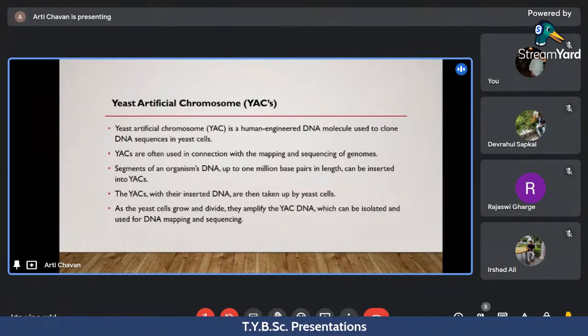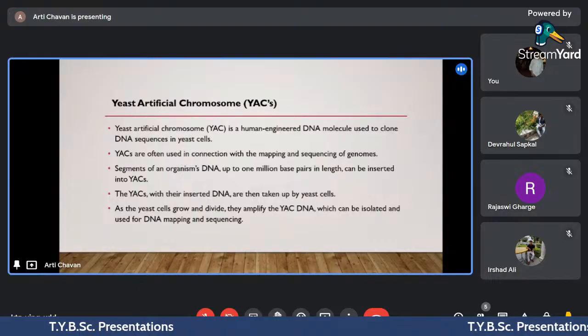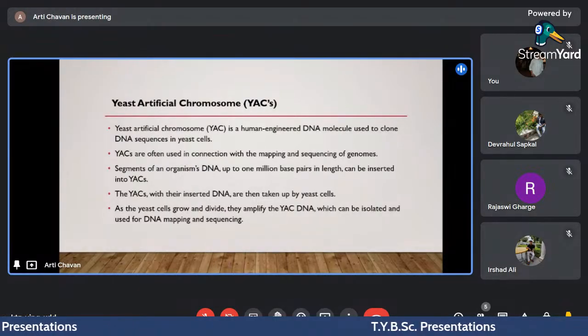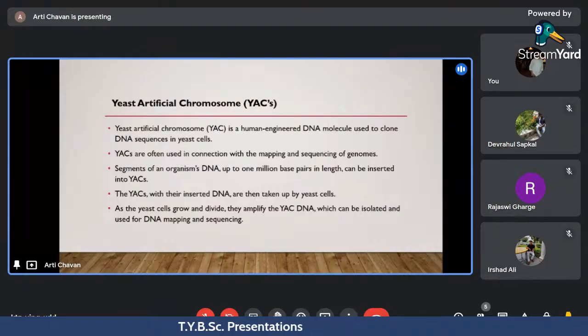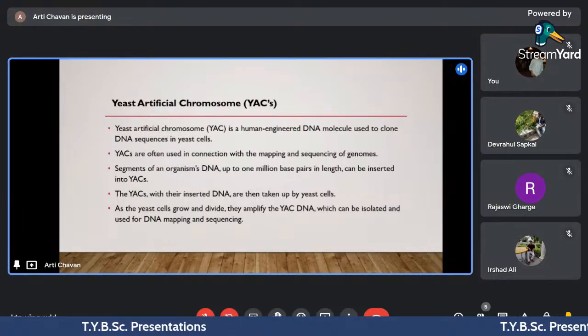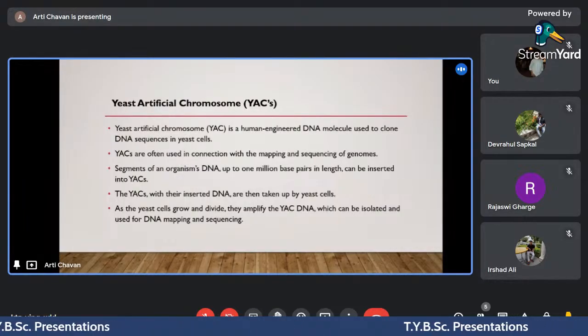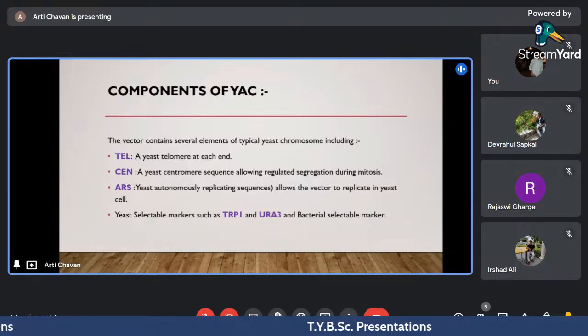The yeast artificial chromosomes with their inserted DNA are then taken up by yeast cells. As the yeast cells grow and divide, they amplify the YAC DNA, which can be isolated and used for DNA mapping and sequencing. So basically, YAC is a kind of vector which originated from eukaryotic origin.